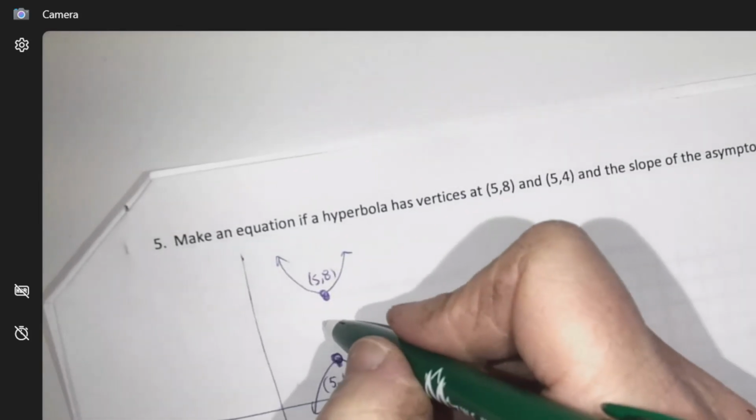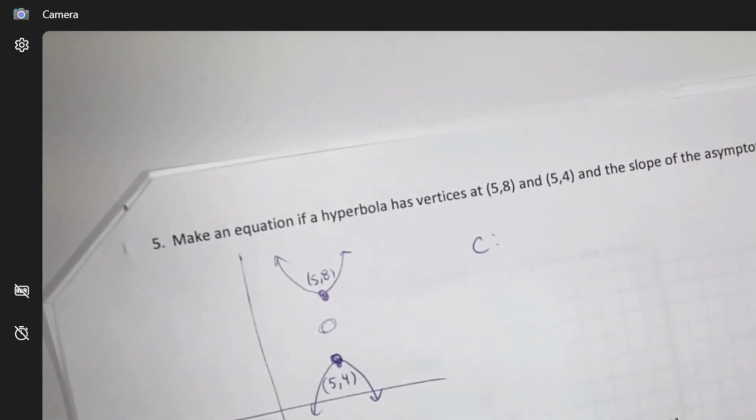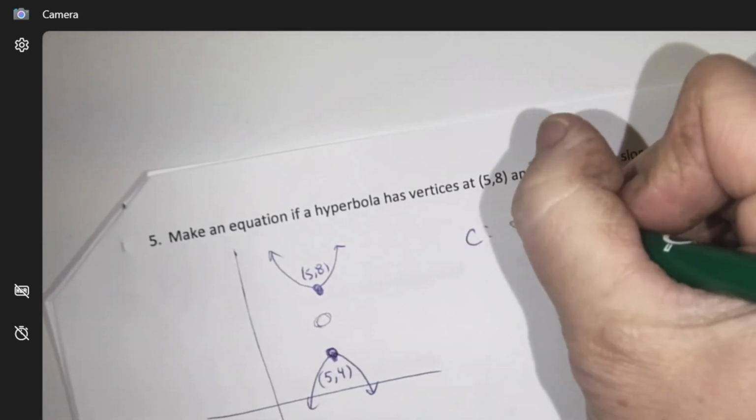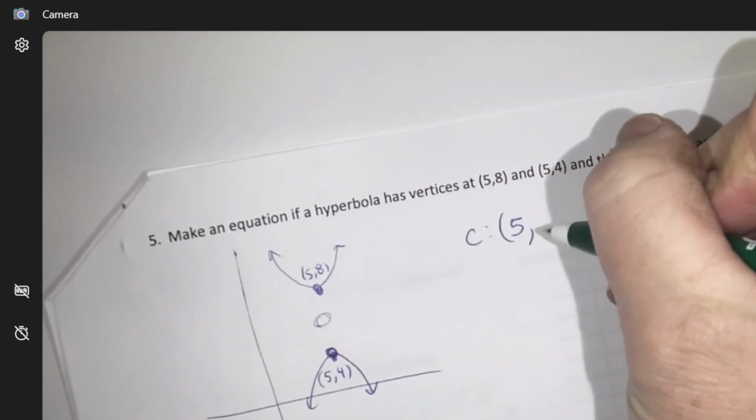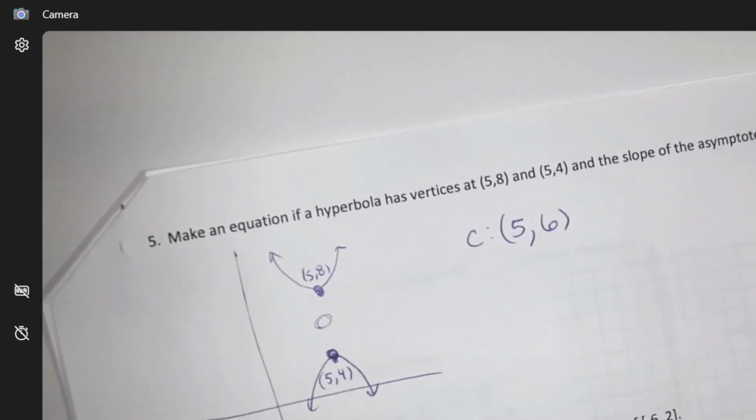Okay, can anybody figure out what would be in the center then? Can you figure out the coordinate of the center of this? It should line up with 5, comma, and then this should be in the middle, 6.